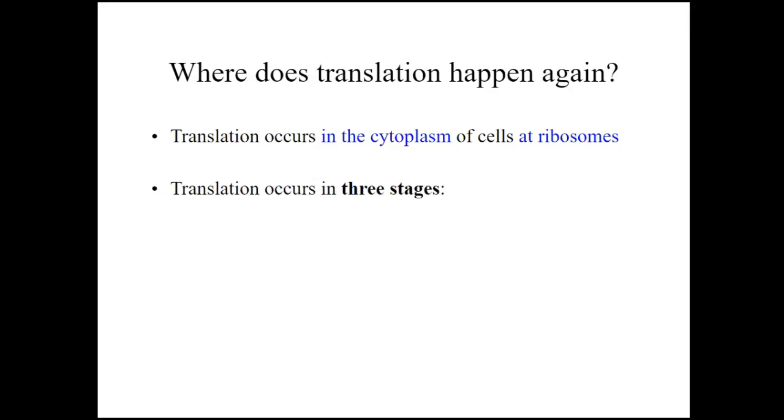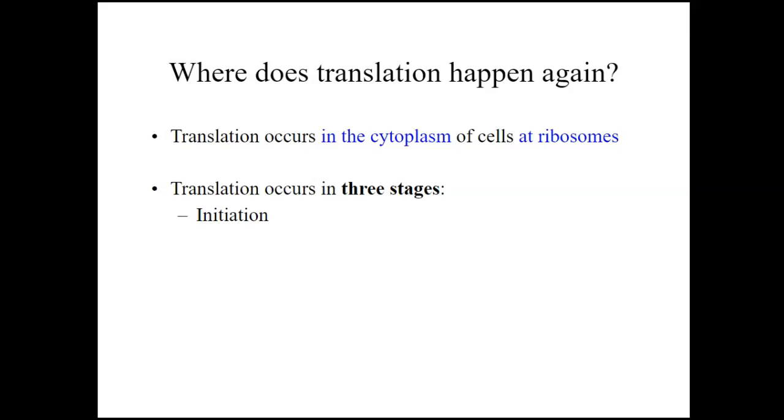Translation occurs in 3 stages. I mentioned, I think, 2 of them in class, and I think I got sidetracked. But the first is when the ribosome parts come together and interact with the start codon. And so that's initiation.